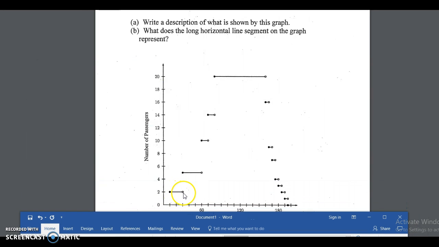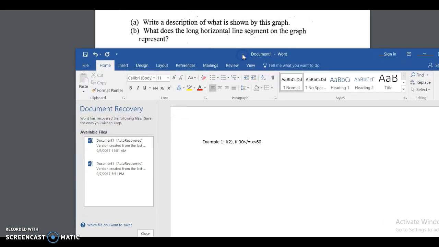The open circle means it's not actually on the graph. You don't count this. Once you get past 60, you automatically go up to the next highest number, which is 5.